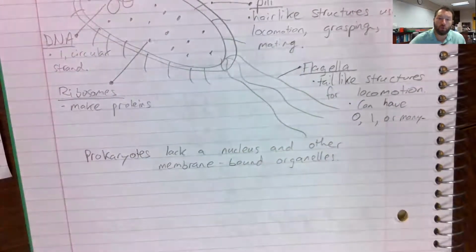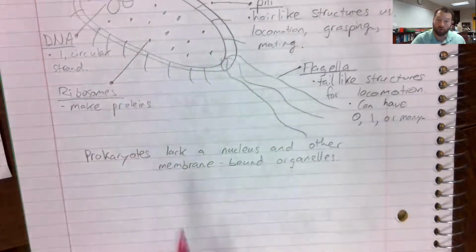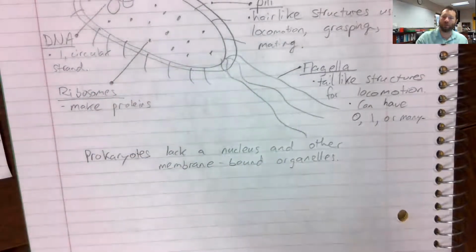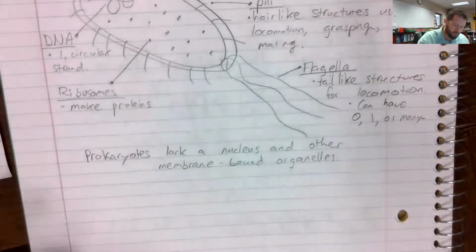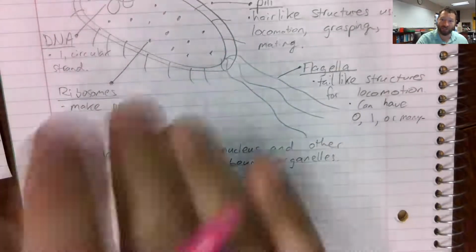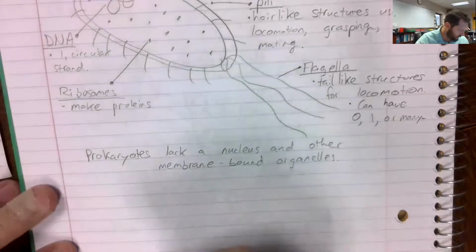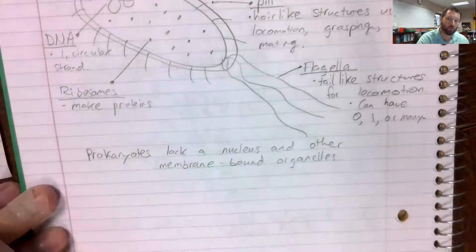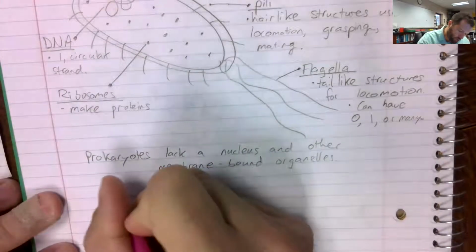And then there are prokaryotes, like bacteria, that lack a nucleus and other membrane-bound organelles, which we'll talk about later in the year. But in all honesty, prokaryotes, bacteria, this is their world and we're just living in it. There are a lot more of them than us, and I don't just mean total numbers, but by total species as well.